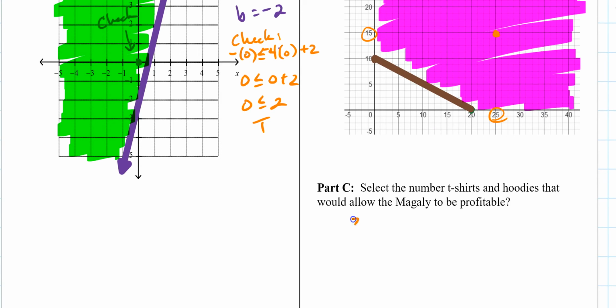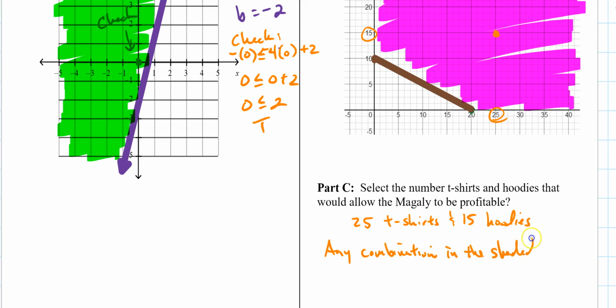I'm going to say 25 t-shirts and 15 hoodies. And really it can be any combination in the shaded region. Okay?